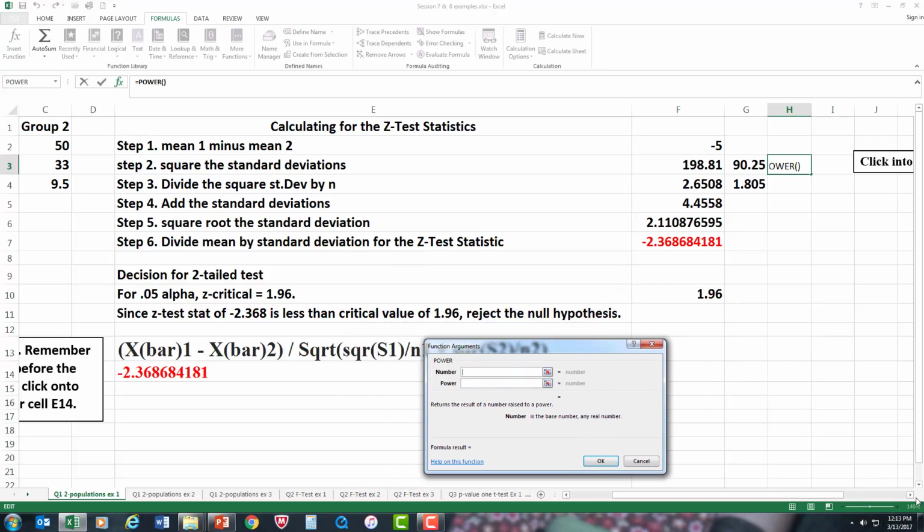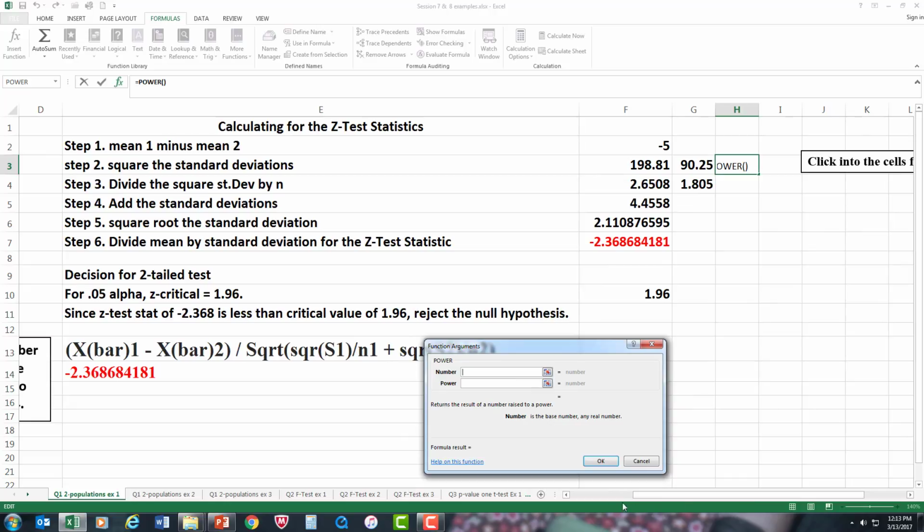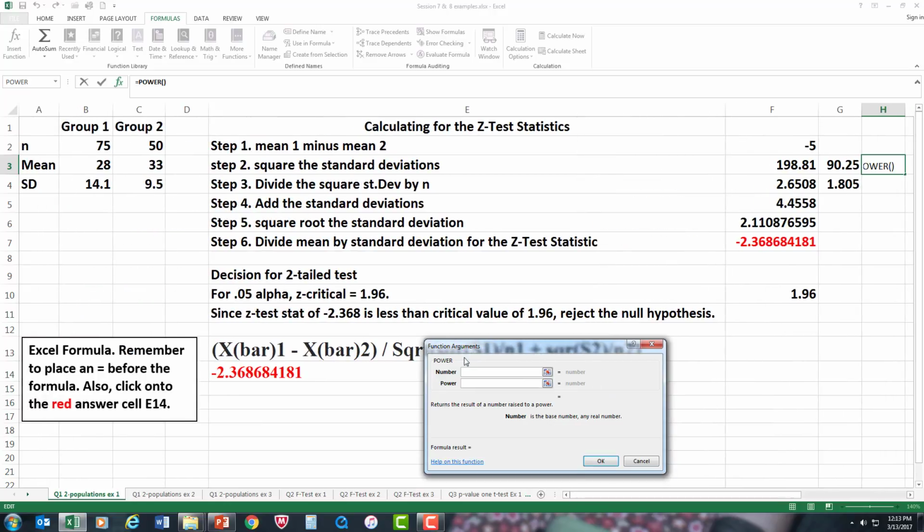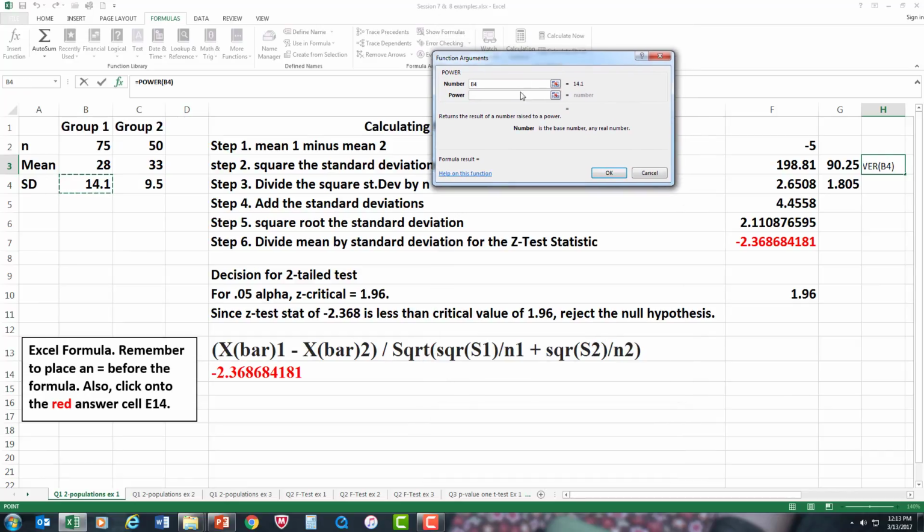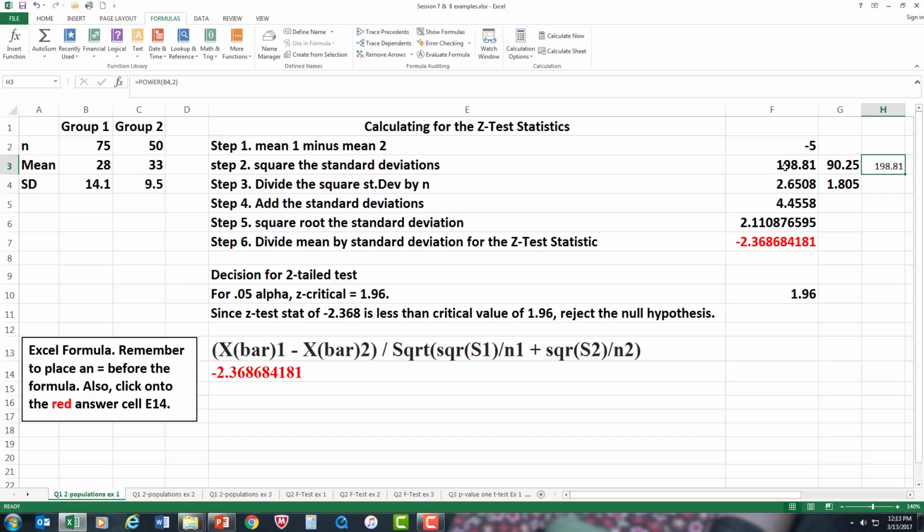Let's take the first one. So it's the square of the standard deviation, 14.1, which is up here. And it's asking for the power of 2. And as you can see, it's the same answer. So it's just another way. It's either number times the number, or you can go to that particular operation.